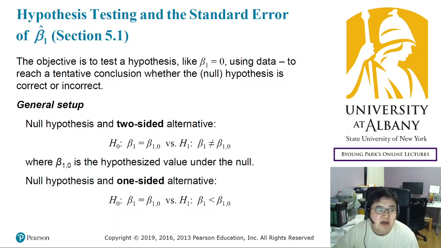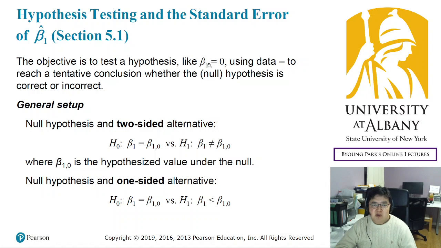So suppose that, for example, you'd like to test if the student-teacher ratio has any impact on the test score or not. Suppose that you believe that the student-teacher ratio has no impact on the test score. You'd like to test it. Then your hypothesis can be formulated in this way.